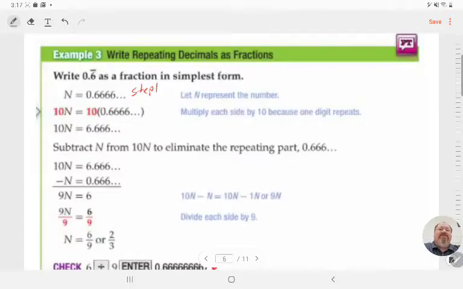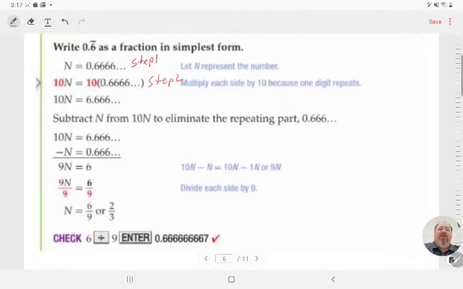Now, since I only have one repeating number, then I'm going to multiply that equation by 10. Okay? So that's step 2. And when I do that, I end up with 10n equals 6.666 repeating. Okay? Now, I want to subtract the original equation that I made in step 1. Okay? This is going to be step 3.